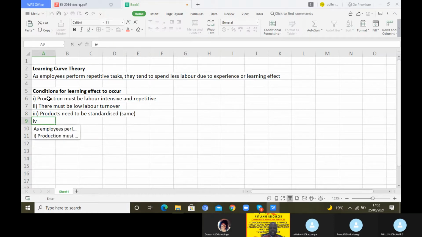Another point, which is point number 4, is there must be no frequent changes to product specifications.